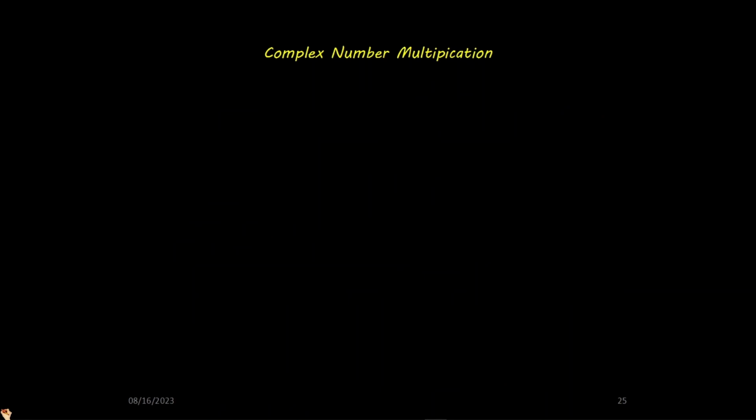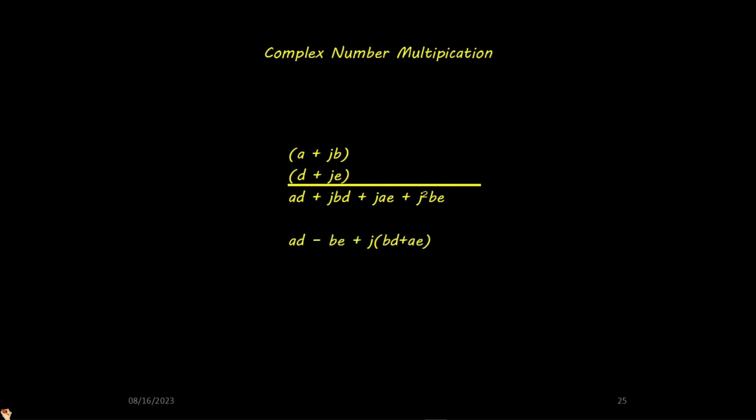The product of two complex numbers, ordered pairs a, b, and d, e, is defined as a, b, times d, e, equals the ordered pair ad minus be, and ae plus bd. This is the same as polynomial multiplication.